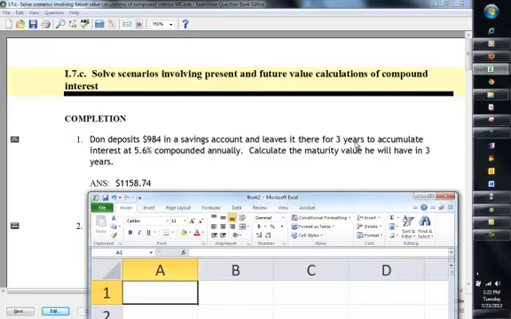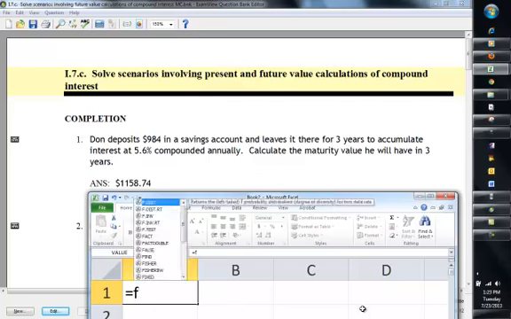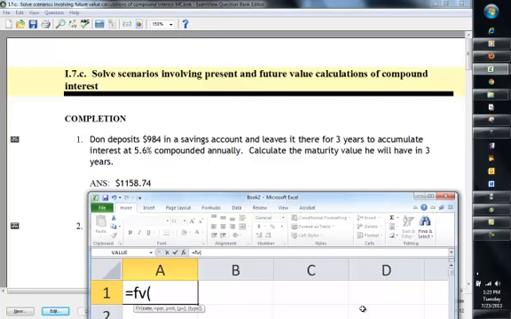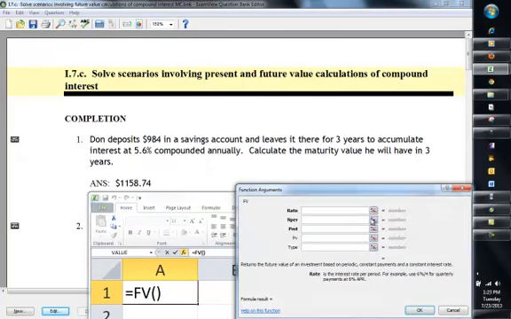It says find the maturity value. Maturity value is the same as future value. And so if you go to Excel and write future value, and then if you click on the FX insert function, it'll ask you what the rate is. Well, it's 0.056. The number of periods is 3 years.